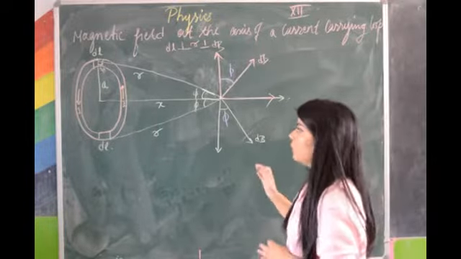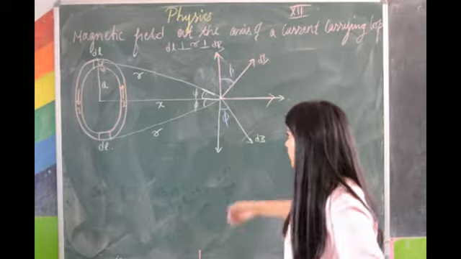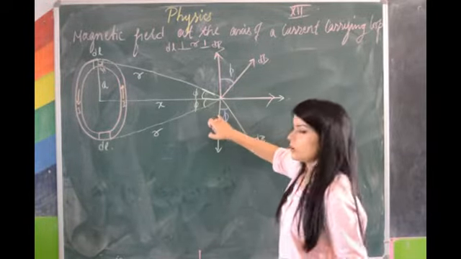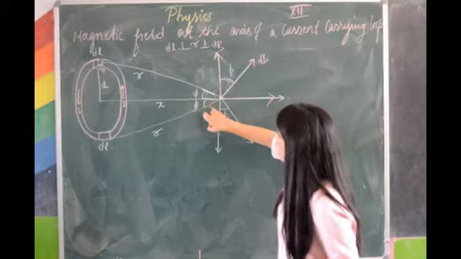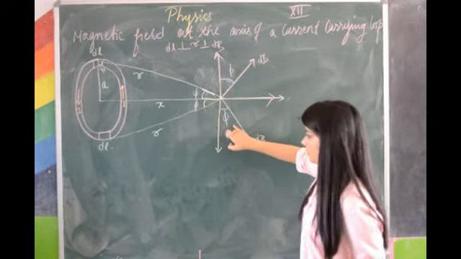I have told you how. If you haven't understood, you can just rewind the video and listen carefully. Okay? This is 90 degrees. If this is phi, the small angle over here is 90 minus phi. Again, this too is 90 degrees. If this is 90 minus phi, this becomes phi.